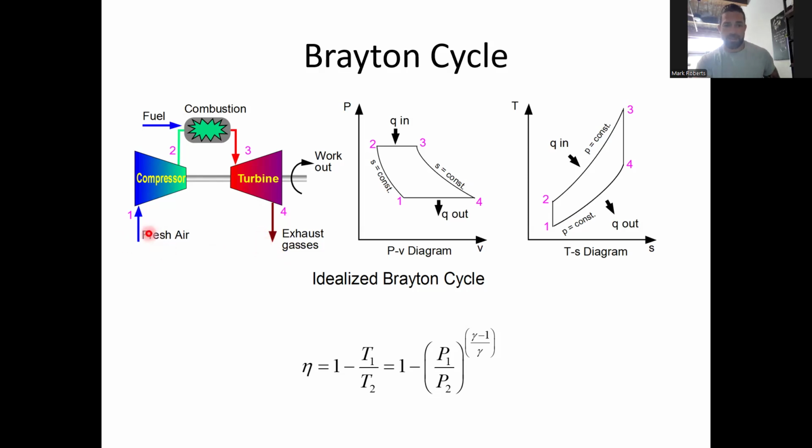So again, we take low temperature, fresh air at a low pressure, increase the pressure, increase the temperature a little bit, use reactive fuel to greatly increase the temperature, and then that high temperature, high pressure gas is expanded through a turbine to the low pressure. And so this comes out at a lower temperature, lower pressure, but it's hotter than the air.